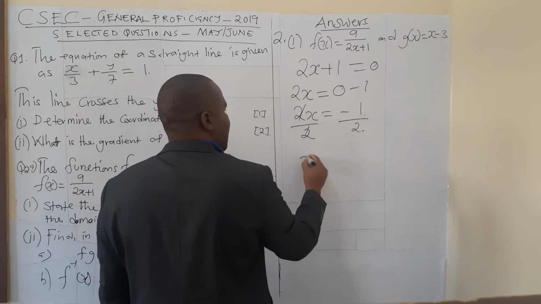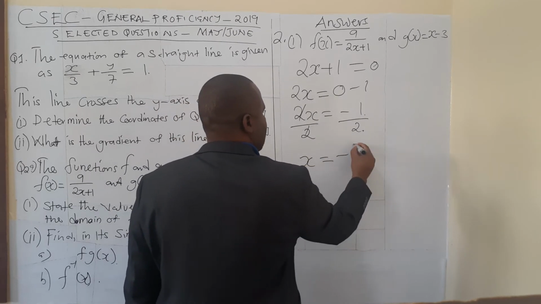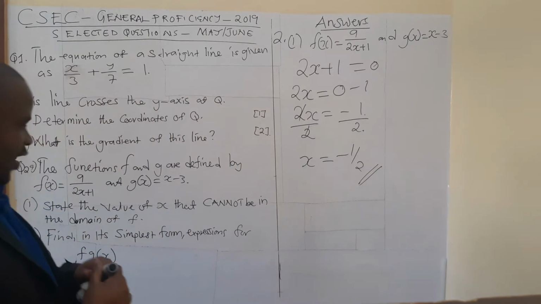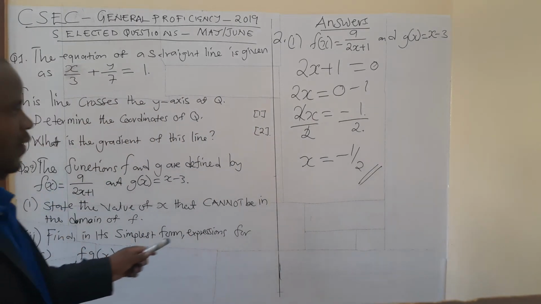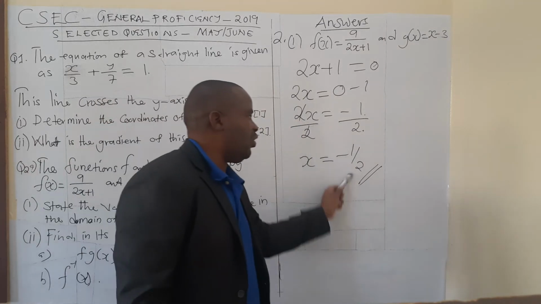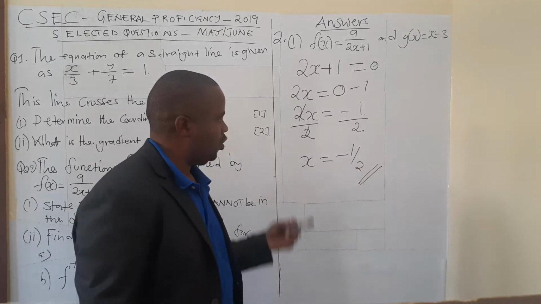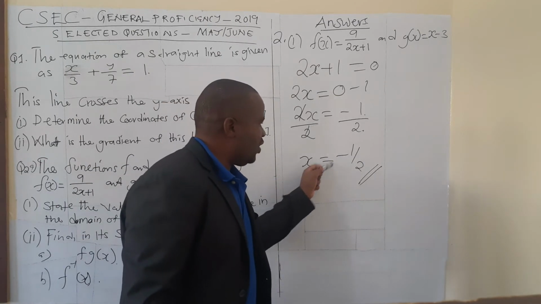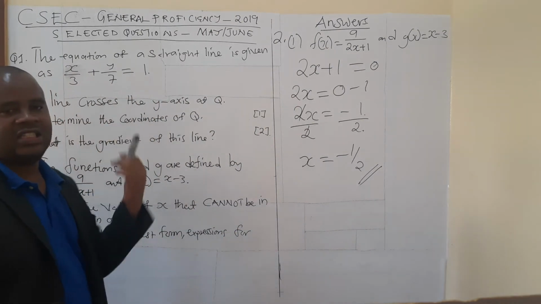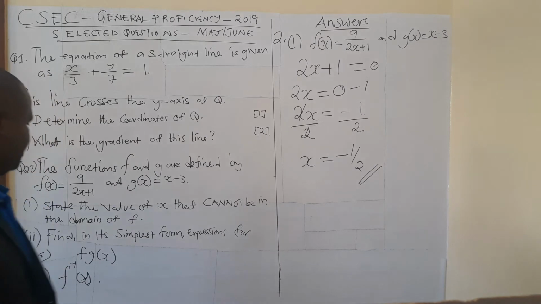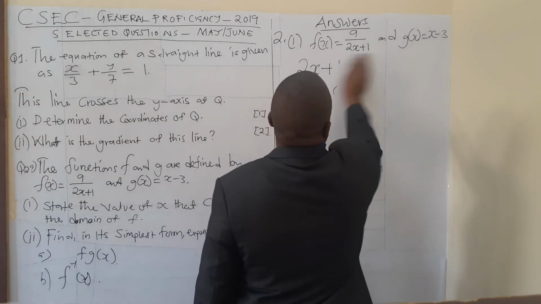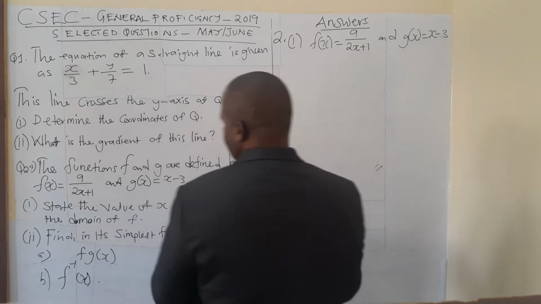Meaning that x is equal to negative 1 over 2, negative half, not negative 2. So x equal to negative half should not be in the domain, otherwise the function will not exist. That is how easy that question is. So we can go to the second one.